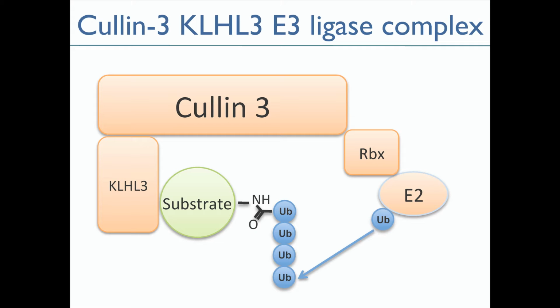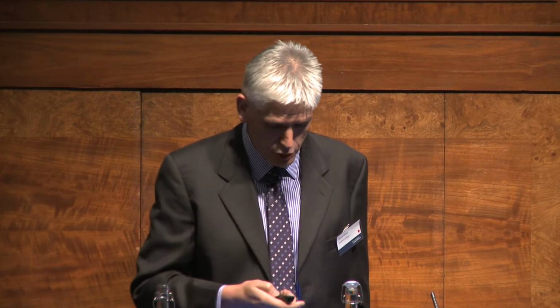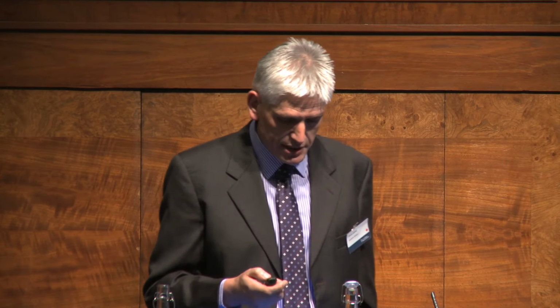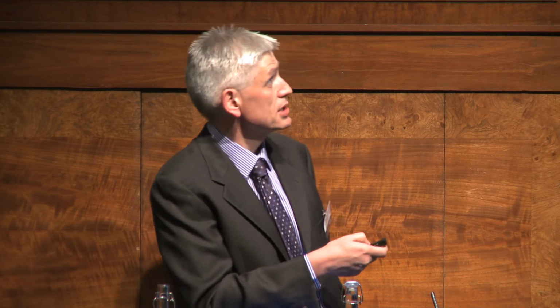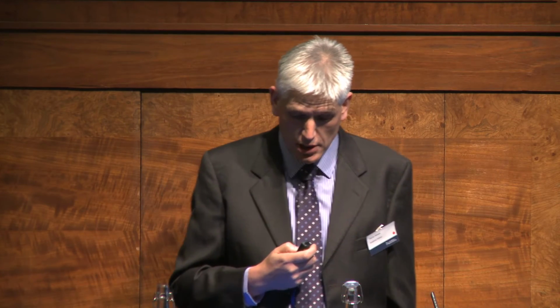So the key thing to understand, to see how this was connected to blood pressure, was to try and identify what the KLHL3 subunit interacted with in the cell. So we did a fishing experiment where we took cell extracts, and we tried to absorb proteins from these extracts that could bind to wild type KLHL3, and we also used a form of KLHL3 that was mutated in patients with Gordon's syndrome.